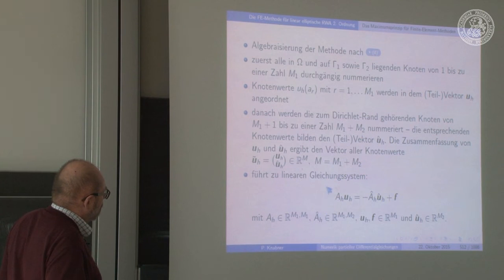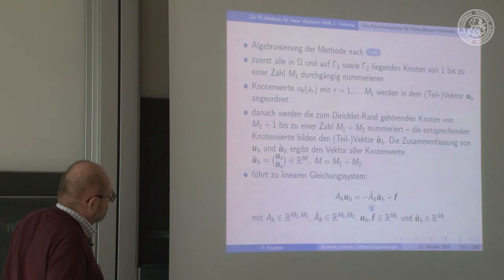We have here the stiffness matrix, quadratic in M1 degrees of freedom. We have here a matrix of the same build, but now a rectangular matrix, M1 rows, but only M2 unknowns, as many as we have Dirichlet values, and here the UH hat, and here the corresponding right-hand side F.